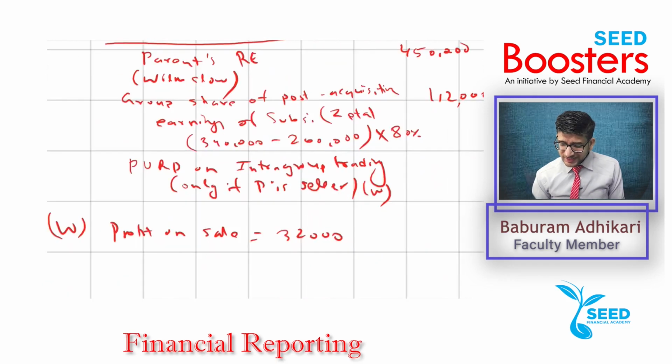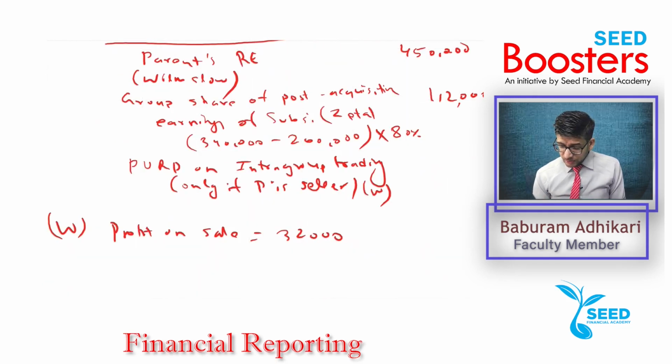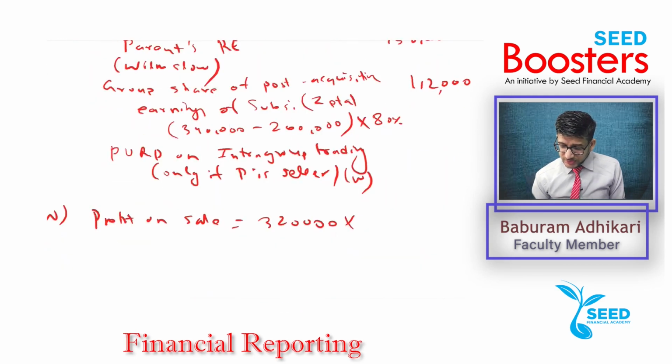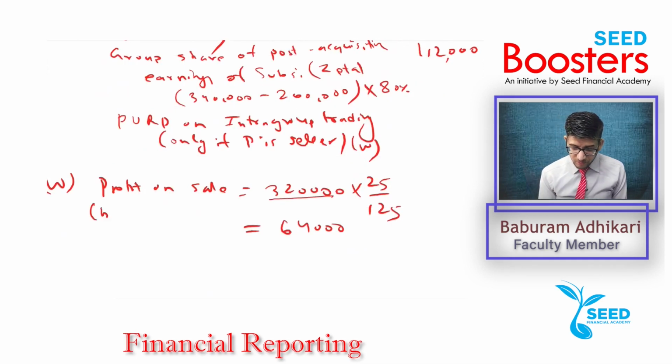It means that this 320,000 is 125%. So if this is 125%, then how much is 25%? 320,000 into 25 divided by 125. So using the rule of markup and margin, 64,000 will be the profit on sale to the subsidiary by W to Z.